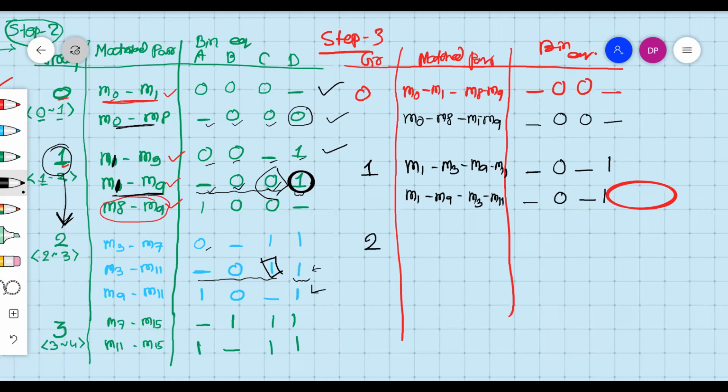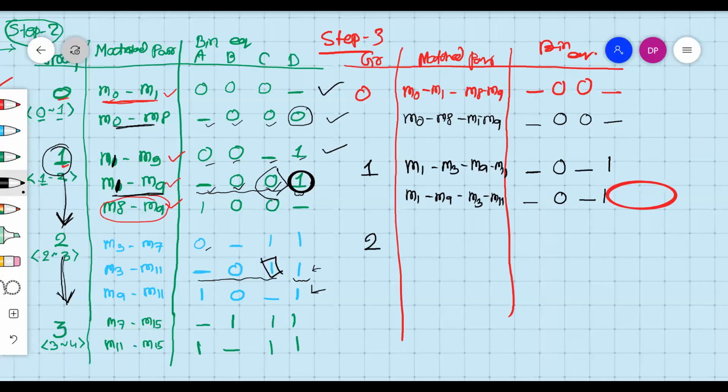Now in this, we will compare group 2 with 3. Right. So in group 2, compare this M3 M7 with M7 M15.